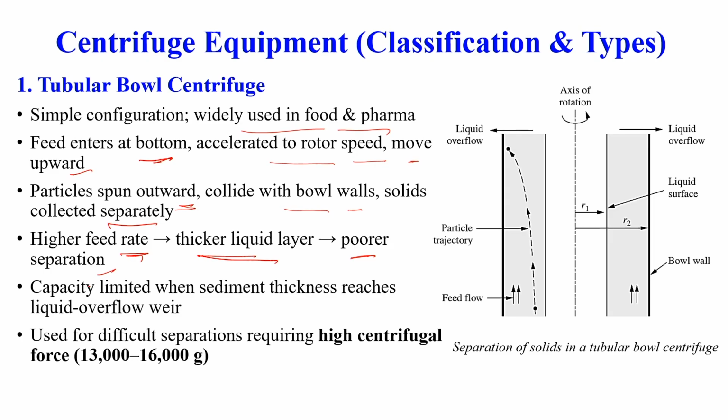So, one needs to have the optimum rotation speed. The capacity is limited when sediment thickness reaches the liquid overflow. So, at that time we need to remove the solids. It is used for difficult separations requiring centrifugal force in the range of 13,000 to 16,000 G. You just see this is the particle trajectory, going towards the wall, the feed is going like this and this is the liquid flow, going out.